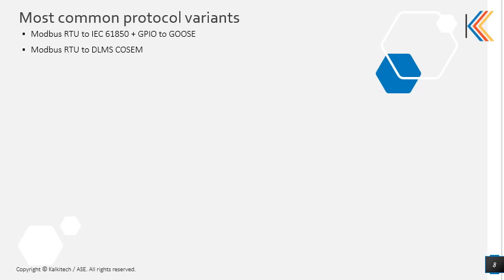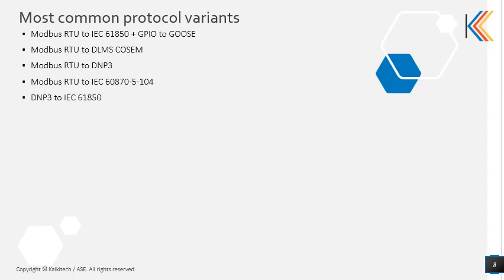We have Modbus to DLMS COSEM also in some metering requirements, when they want a direct update to DLMS COSEM. This is another key protocol variant. Then Modbus RTU to DNP3 Ethernet is another requirement. Then Modbus RTU to 104 is another key requirement which we have been supplying.